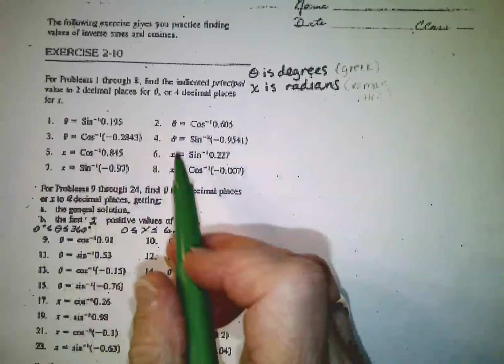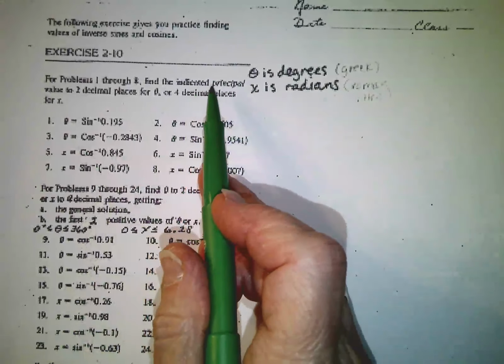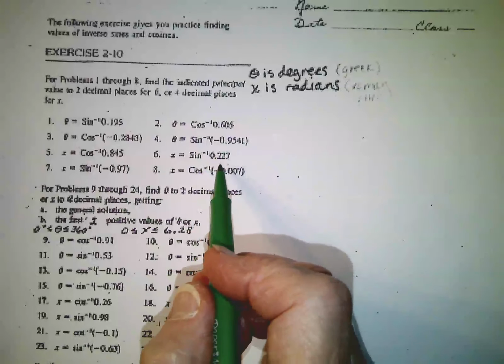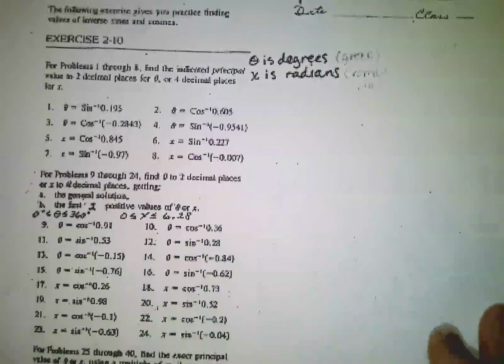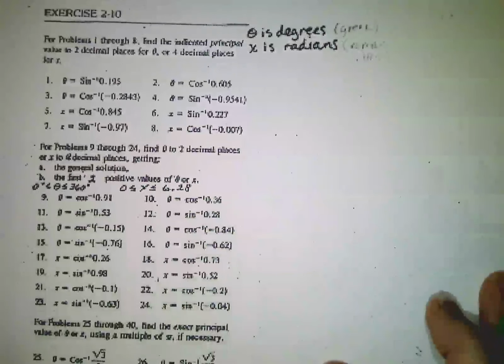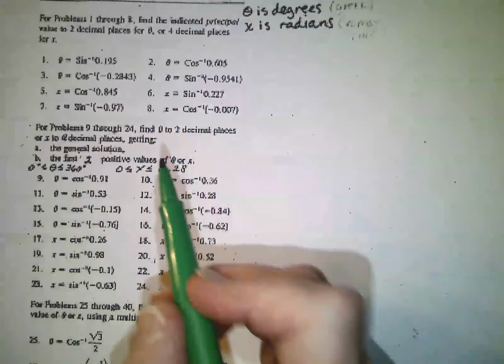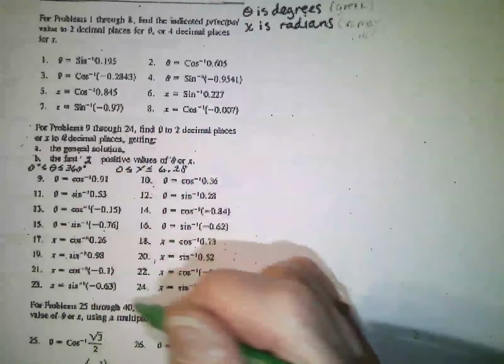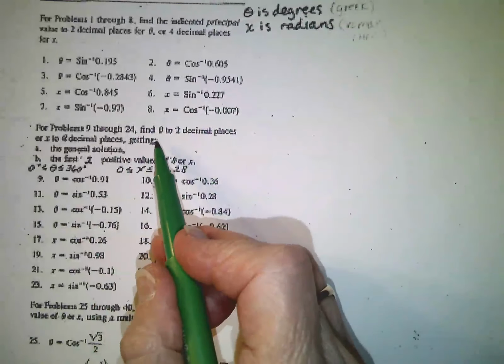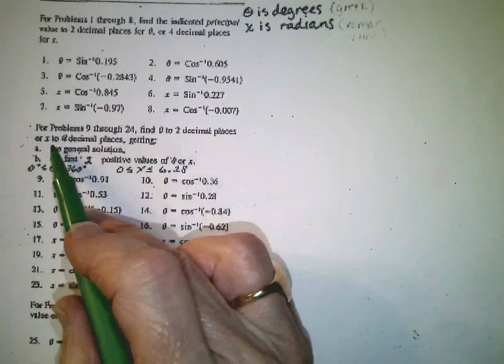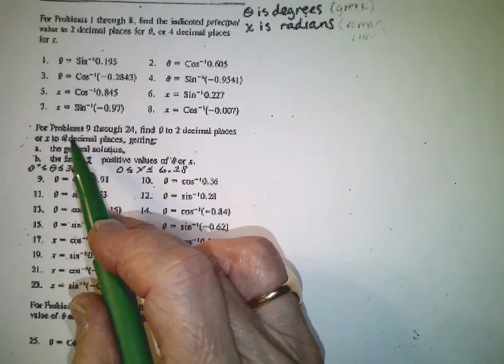We're going to skip the first section because the principal value is basically the one straight out of the calculator, and we already know how to do that. So we're going to move on down. The directions are a little messy here. For this section, they want us to find theta to 2 decimal places or find x to 2 decimal places.